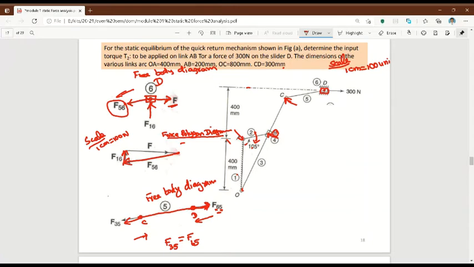That's why we are doing this kind of drawing.